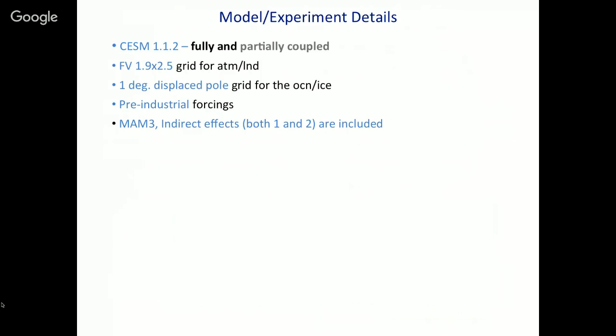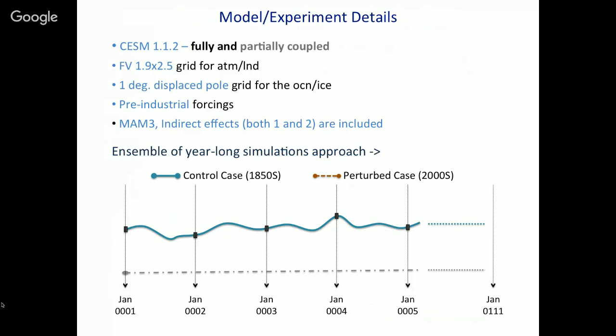And the approach taken is as follows. I have one long control case, which right now extends almost up to 110 years. For this control case, all the forcings, all the sulfates as well as all the other forcings, are set from the pre-industrial time.